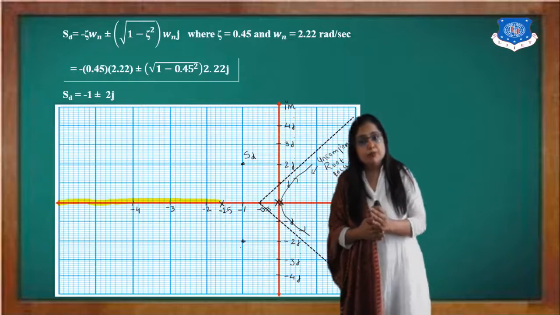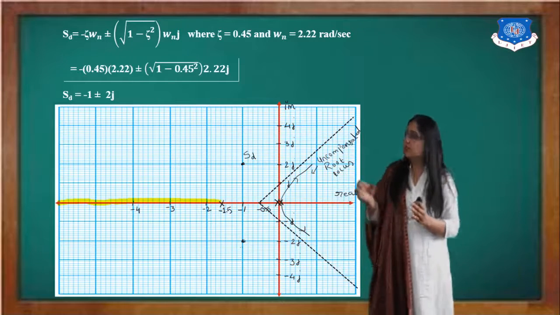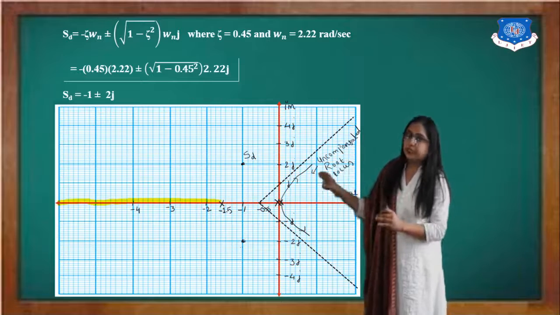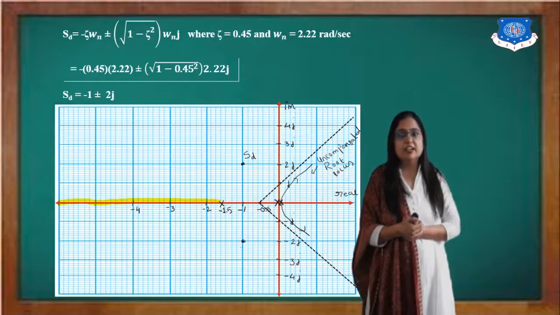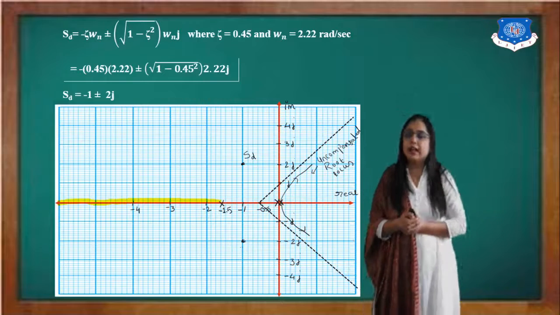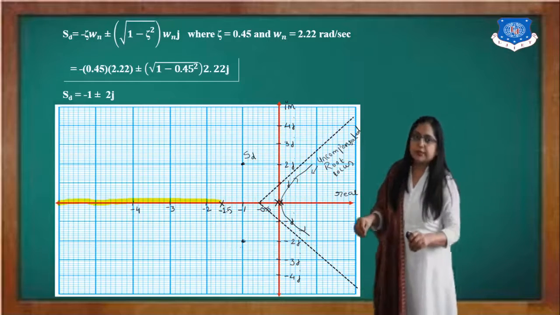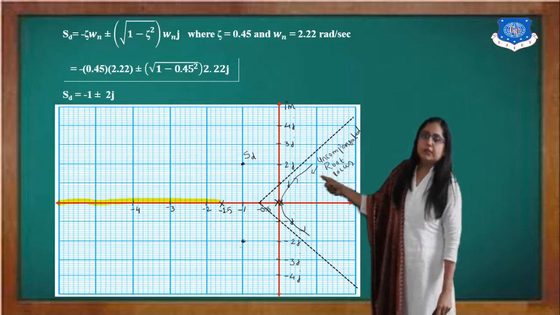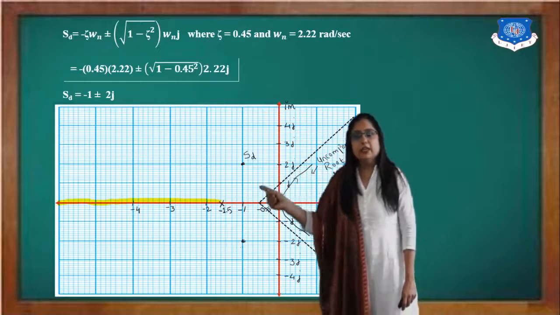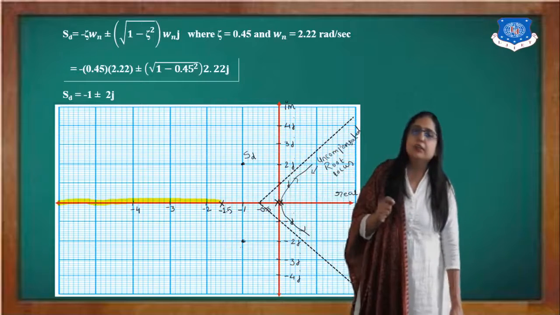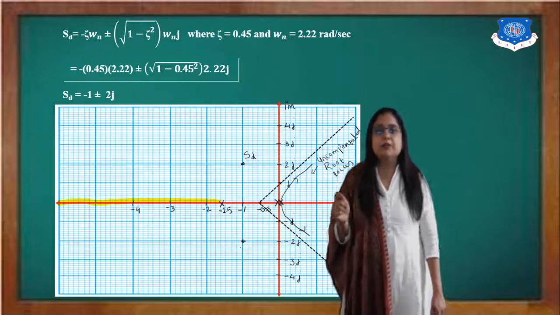If your uncompensated root locus passes through SD, then you have to design the phase lag compensator. In this example, it does not pass through SD, so we will apply the phase lead compensator.